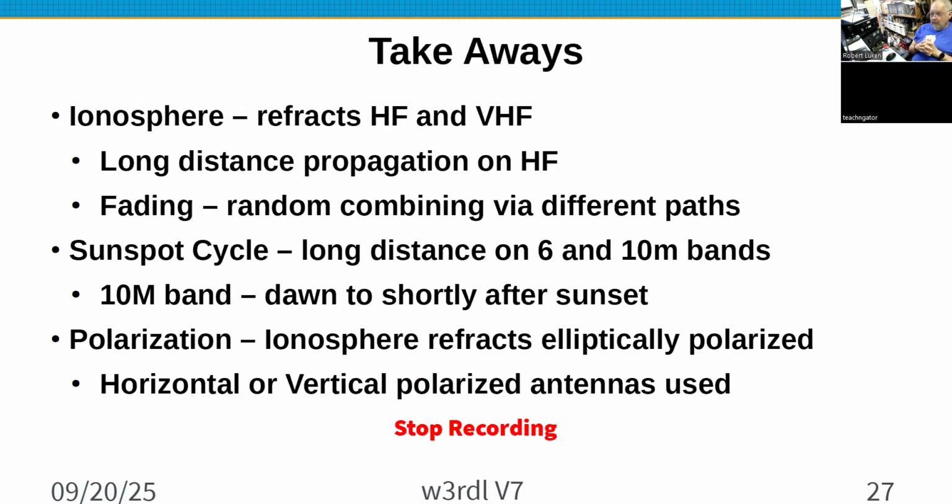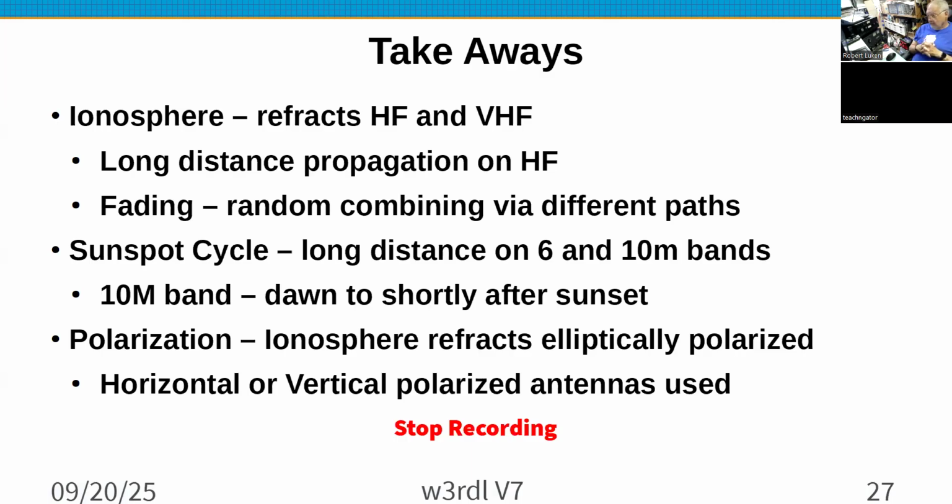Okay, so we learned that the ionosphere refracts HF and lower VHF signals. We can get long distance propagation on HF that we can't do on the higher frequencies. You can have fading due to the random combining of signals taking different paths.